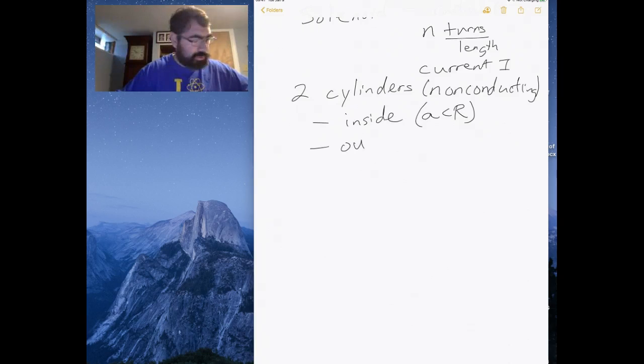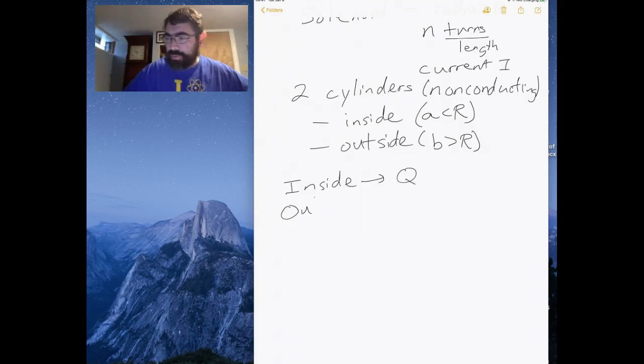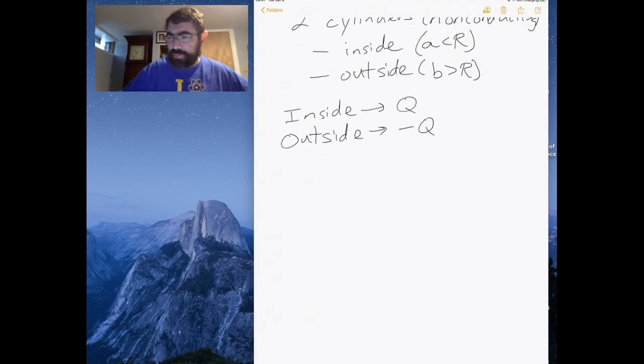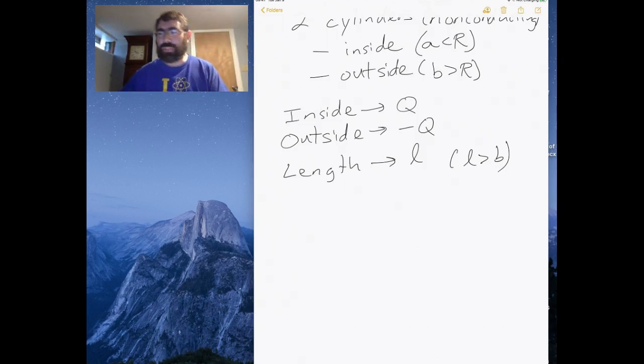The outside cylinder has a radius b greater than r, and the inside cylinder has a charge q. The outside cylinder has a charge minus q, and the length of the cylinders is L for both of them, and we just want to set the condition that L is much bigger than b.